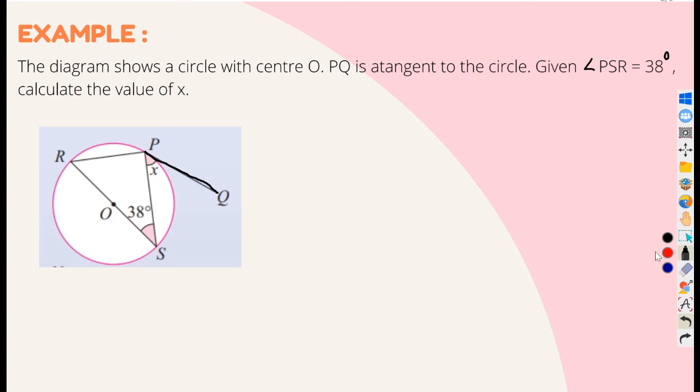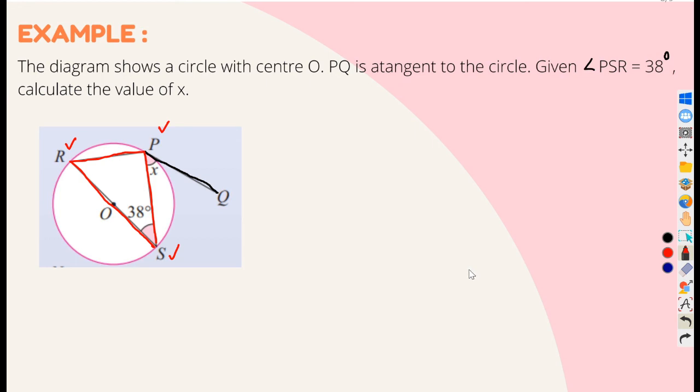And we see that this triangle here, all sides here are chords, and the vertices lie on the circumference. Given that PSR is equal to 38 degrees, calculate the value of x.